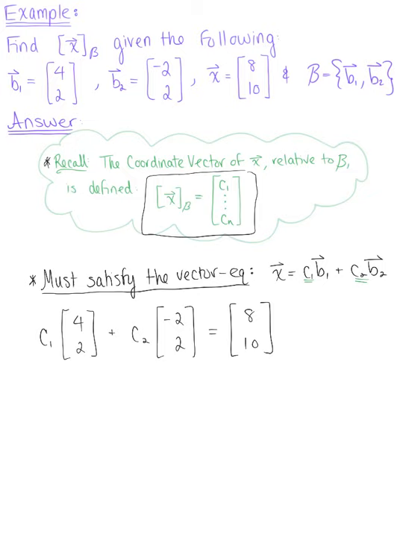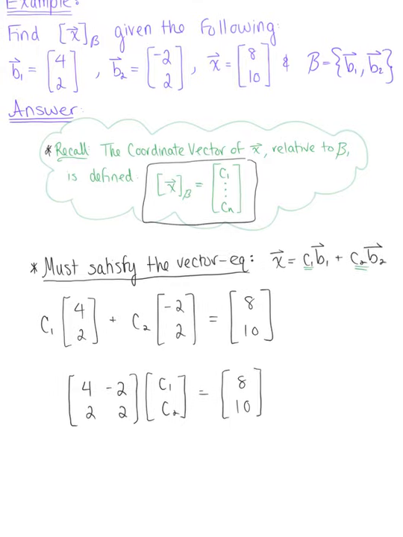So we know that this vector equation is equivalent to the matrix equation defined by the column vectors 4, 2, negative 2, 2, multiplied by the column vector c sub 1, c sub 2, and that's still equal to vector x, which is 8, 10.